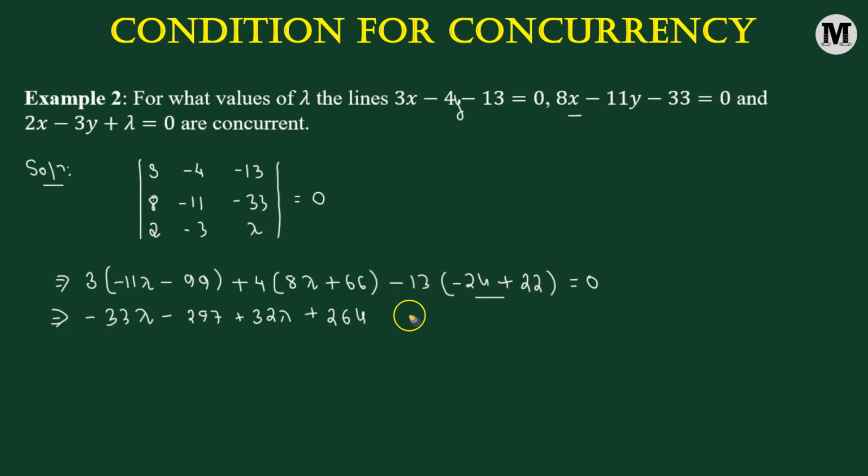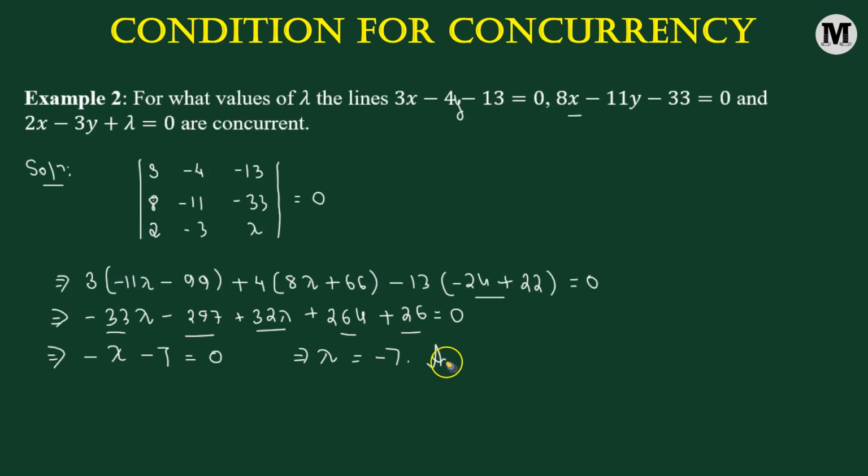So negative 13 times negative 2 makes it positive 26. This is going to be equals to 0. Fine. Now we have negative 33 lambda plus 32 lambda, so that's going to be negative lambda. Then we can add all these up, add and subtract. That's going to leave us with negative 7. That's going to be equals to 0, which means that lambda value comes out to be negative 7.